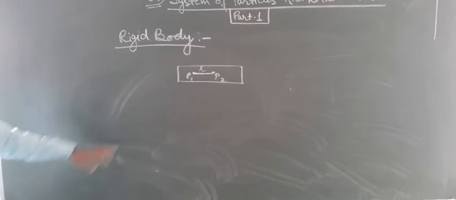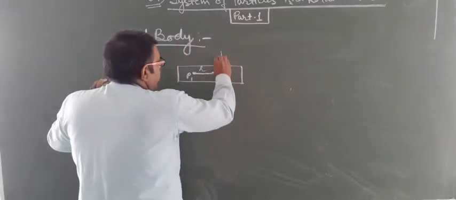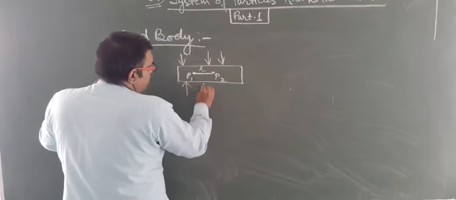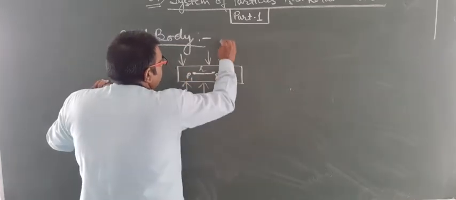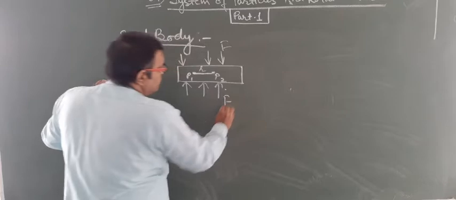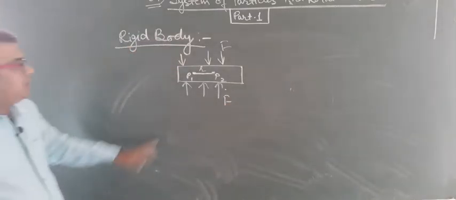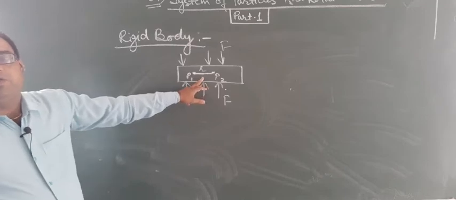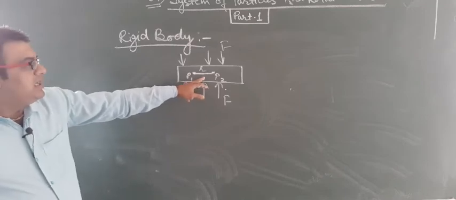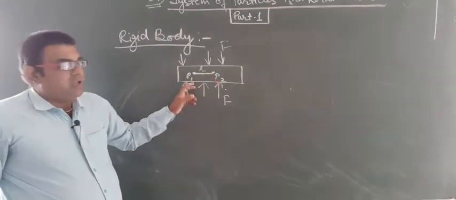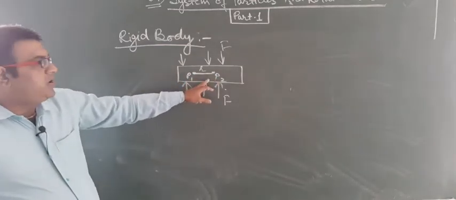If different forces are applied on this rigid body, and after the application of forces the separation between these 2 points does not change, then this is called a rigid body.